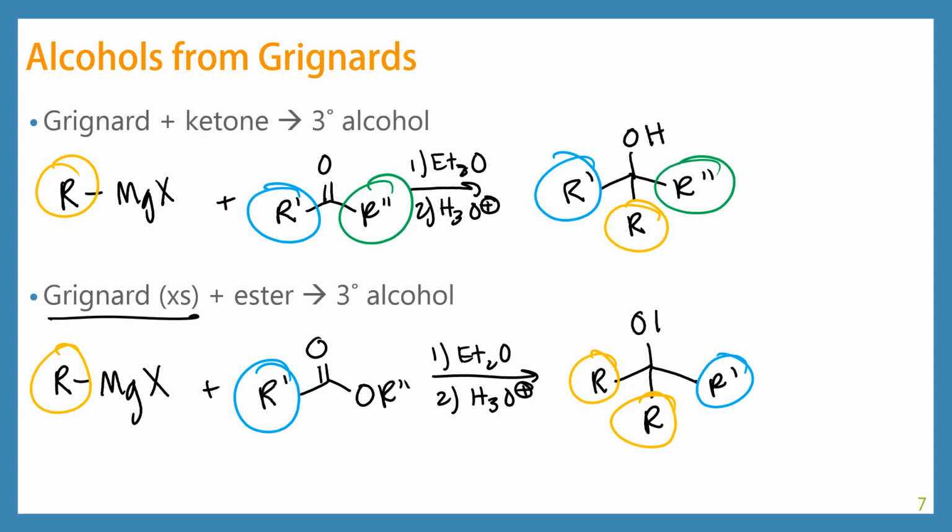So 2 different ways to make a tertiary alcohol, but depending on the structure of your tertiary alcohol, that can help you decide whether a ketone or an ester might be a better starting material, or maybe it doesn't matter at all. You might be able to do your synthesis either way.